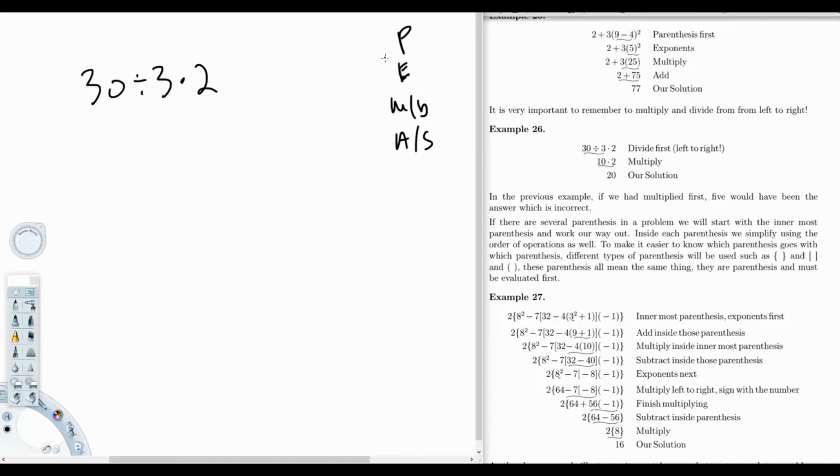Are there any parentheses here? Nope. Any exponents? I don't see any. Is there any multiplication or division? Yep, there's one here and there's one here. So it's just multiplication and division, and we go from left to right. 30 divided by 3 equals 10. 10 times 2 equals 20.